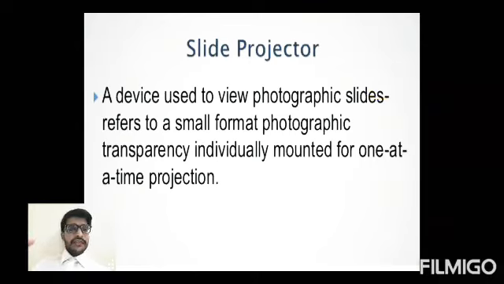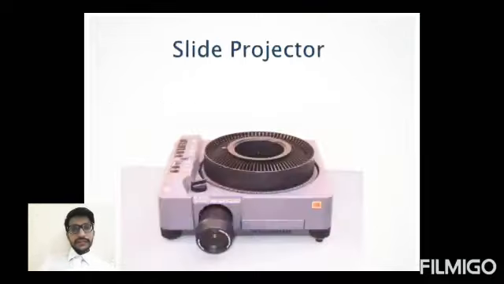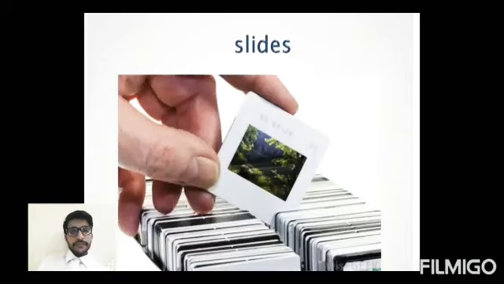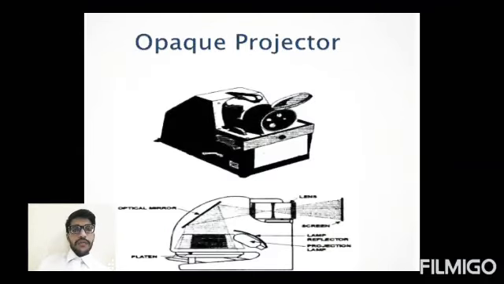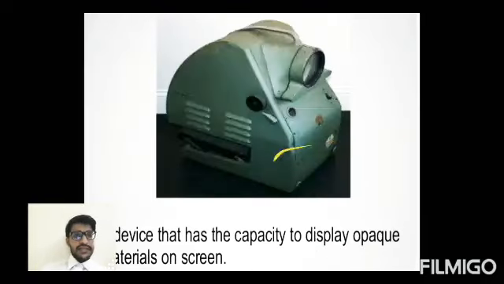Slide projector. The device is used to view photographic slides. A slide refers to a small format photographic transparency, individually mounted for projection one at a time. Opaque projector. It is a device capable of displaying opaque material on the screen.